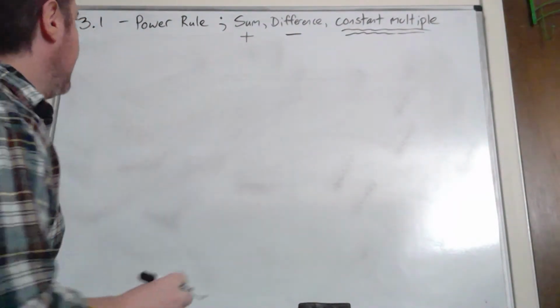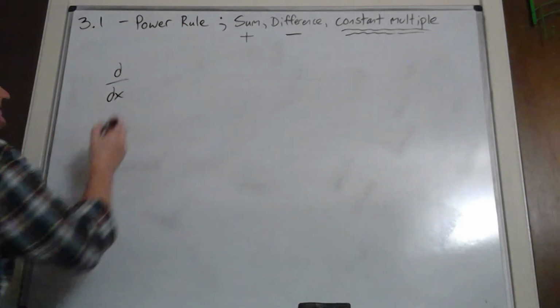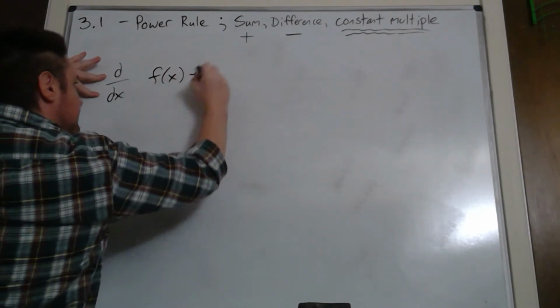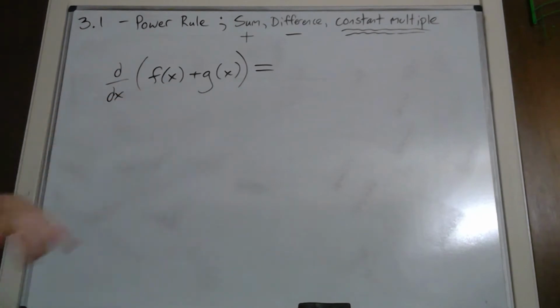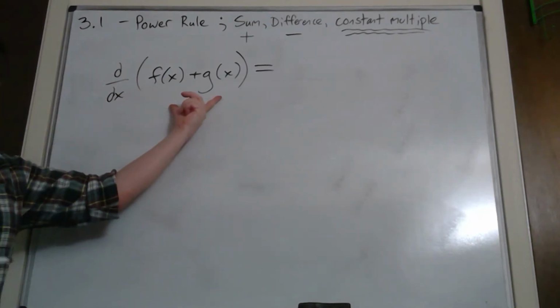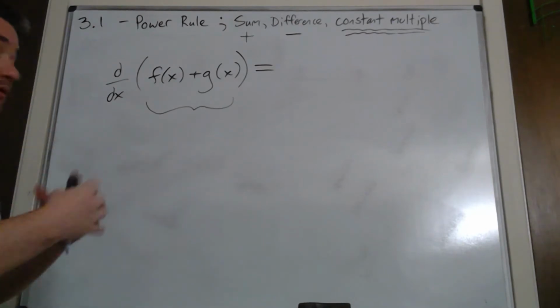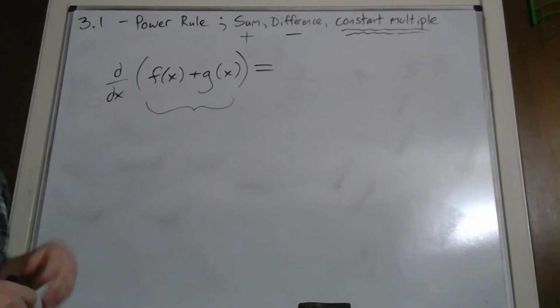These are straightforward, okay? So the sum rule: the derivative with respect to x, if I've got a sum of two functions, f of x plus g of x, all right, a sum of two functions, which oftentimes we think of as itself a new function, right? So you might be given one function that's maybe called f, or called something else, but you notice that it's a sum of two different things, or several things.